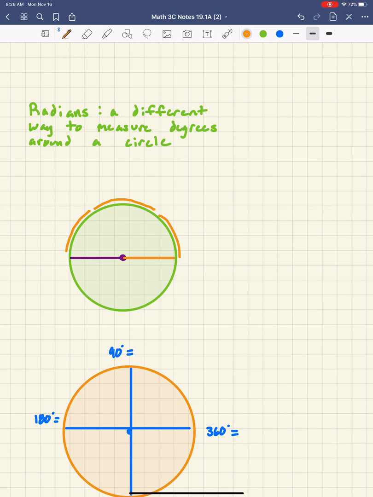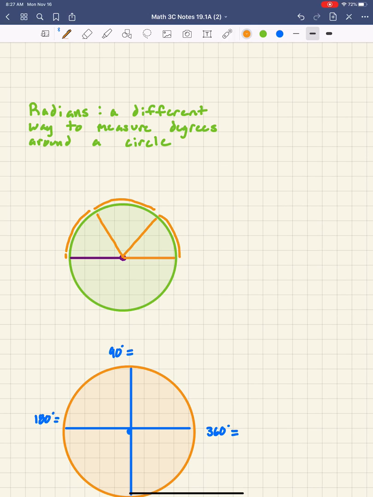So if we take that piece of string, which is the length of the radius, we would almost get halfway around the circle. Each one of these chunks is one radius, so we have these three radii. Notice it got us almost all the way halfway around our circle. We would just need a little teeny piece of string right here to connect us halfway around, and that would actually be 3.14 pieces of string.